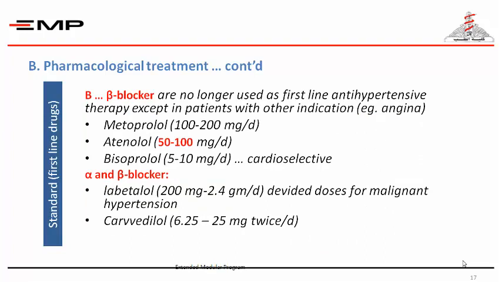But in the recent guidelines, beta blockers are no longer used as first-line antihypertensive therapy, except in patients with other indications like angina. We use the ACE inhibitors, the ARBs, the calcium channel blockers, and the diuretics first, and lastly the beta blockers if there are other indications like ischemic heart disease.